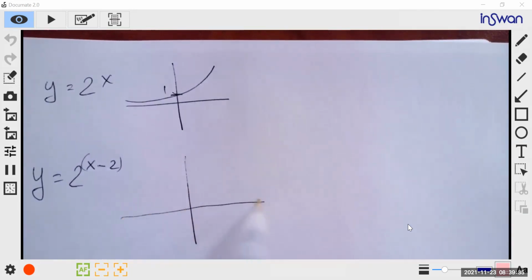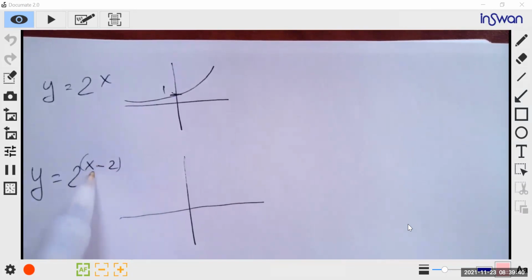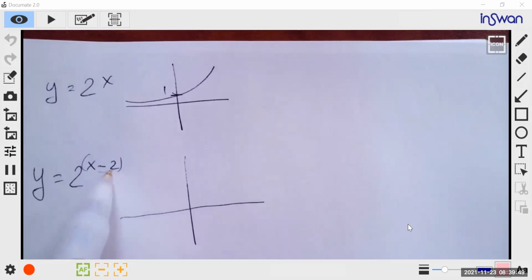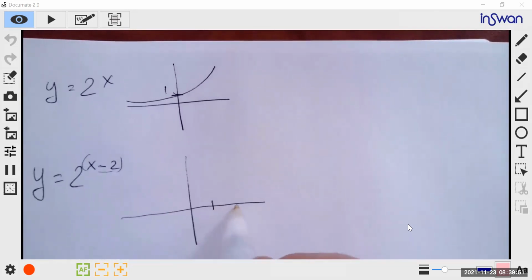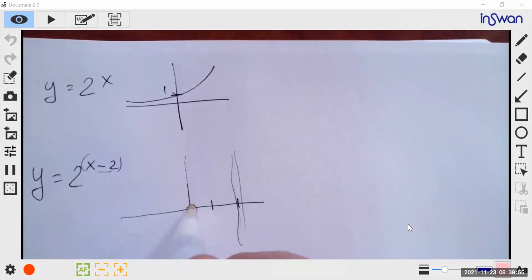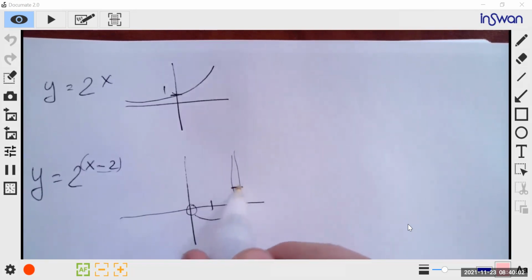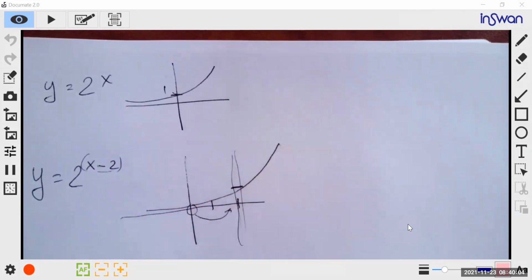This is a horizontal shift, since the change happens on x. From chapter 1 or chapter 2, we saw that the horizontal shift always has the opposite sign. So it's 2 to the right. I shifted the origin from there to there. It still crosses at 1, so the graph now just shifts over 2 spaces to the right.